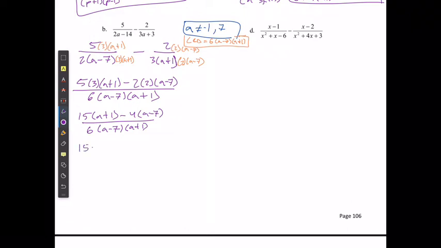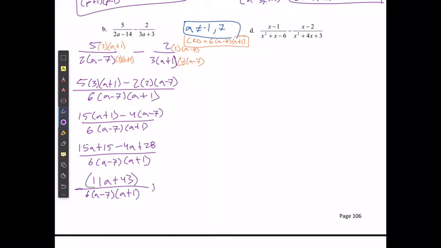I have 15a plus 15 minus 4a plus 28 over 6(a minus 7)(a plus 1), or 11a plus 43 all over 6(a minus 7)(a plus 1). I can't factor that down any further. I'm going to restate that a cannot equal negative 1 or 7, and there's my answer.